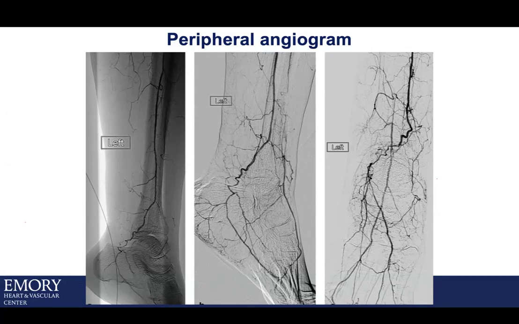And the good thing about a diagnostic angiogram is that sometimes you can intervene in the same setting if you find a single lesion that's easily fixable. Or if you find a lot of lesions throughout the leg, femoropopliteal and infrapopliteal, and you think you're going to have to fix them endovascularly, then while doing a diagnostic angiogram, you can fix a femoropopliteal segment, for example, and then stage the other lesions for another day.